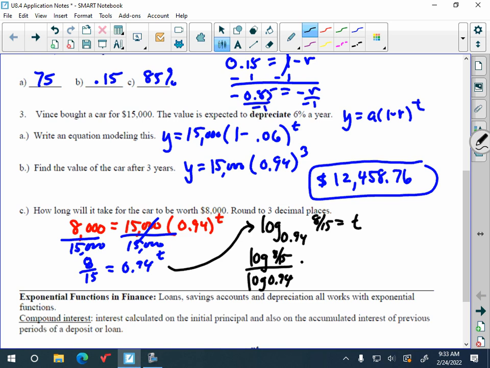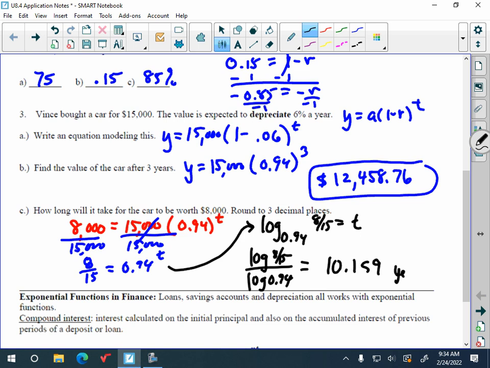All right, and we just throw it in the calculator. All right, so you should get, we're going 3 decimal places, so 10.159.